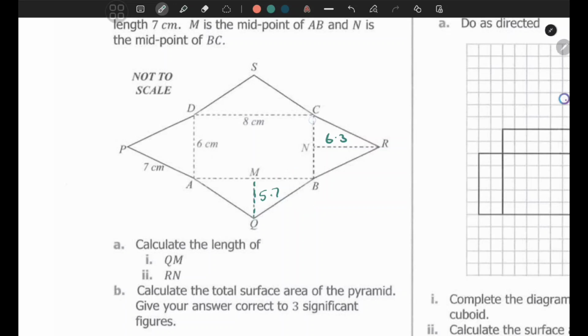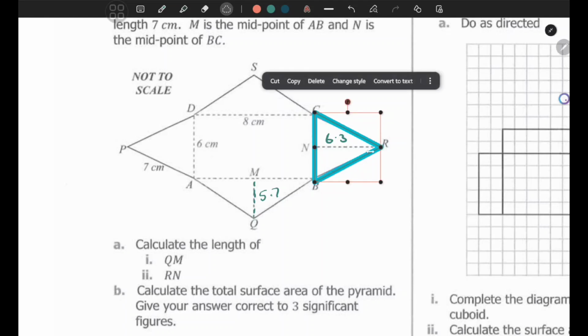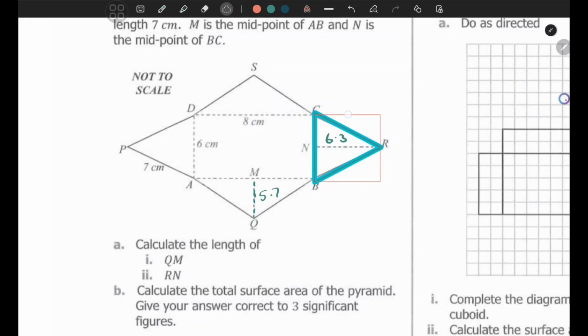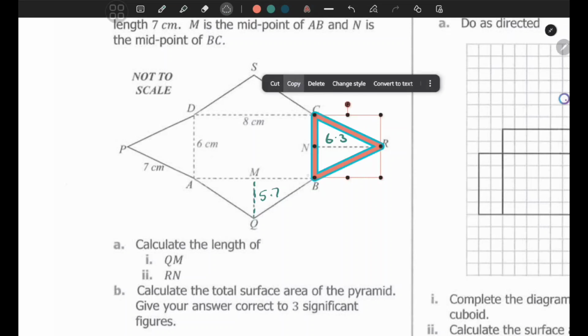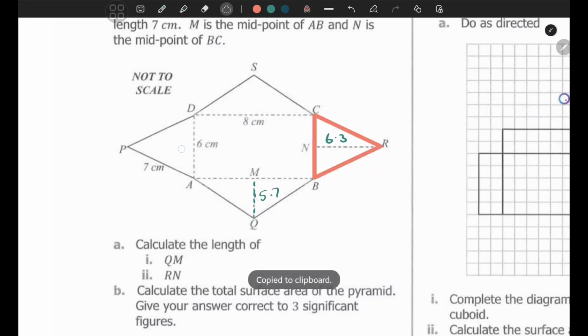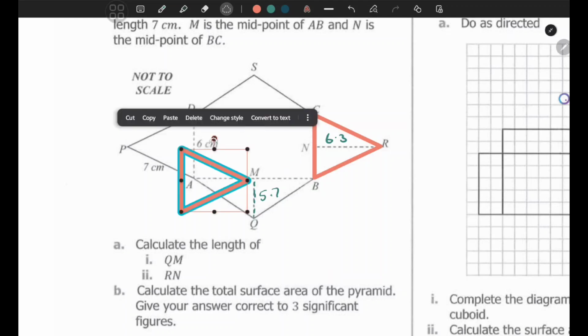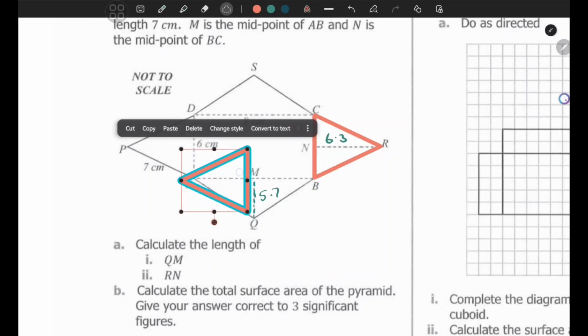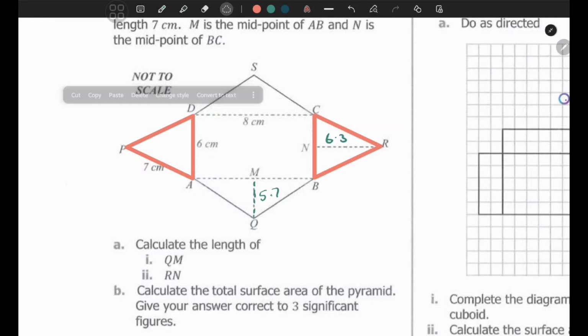So basically we have this triangle, right, which is the same as this triangle.